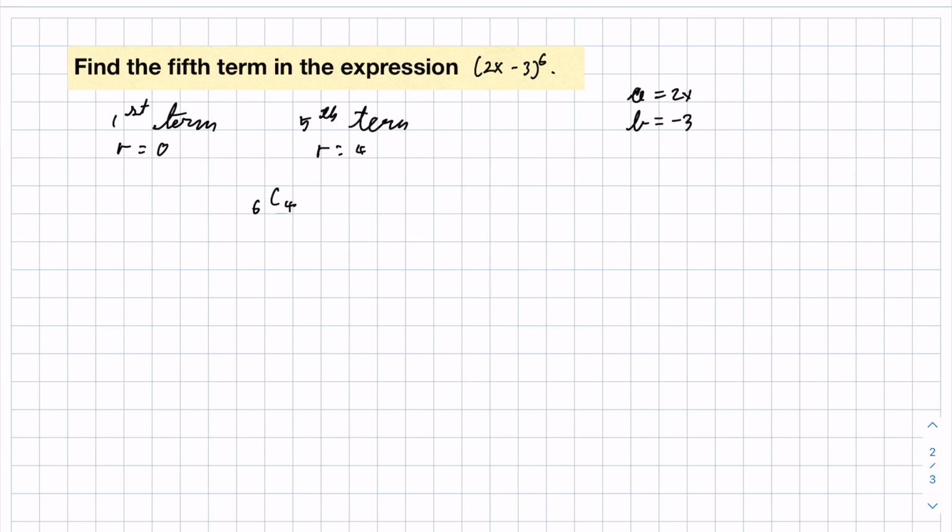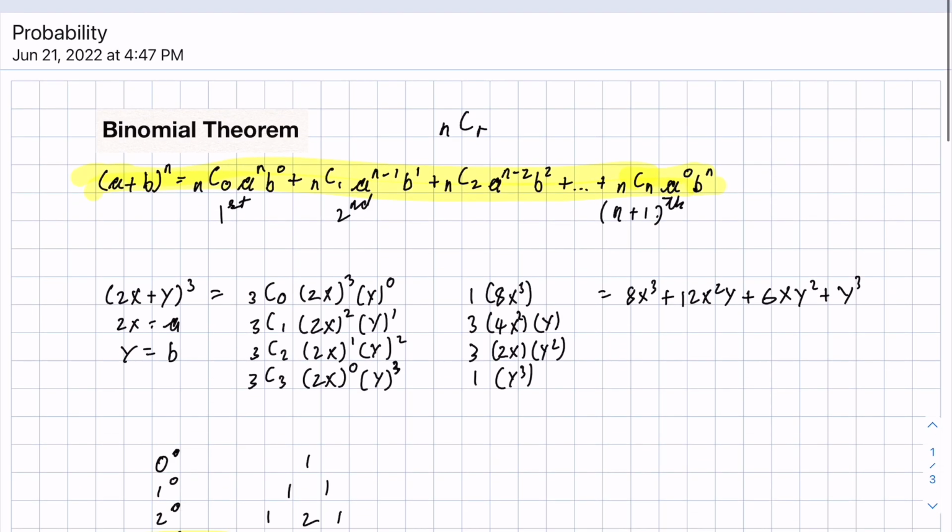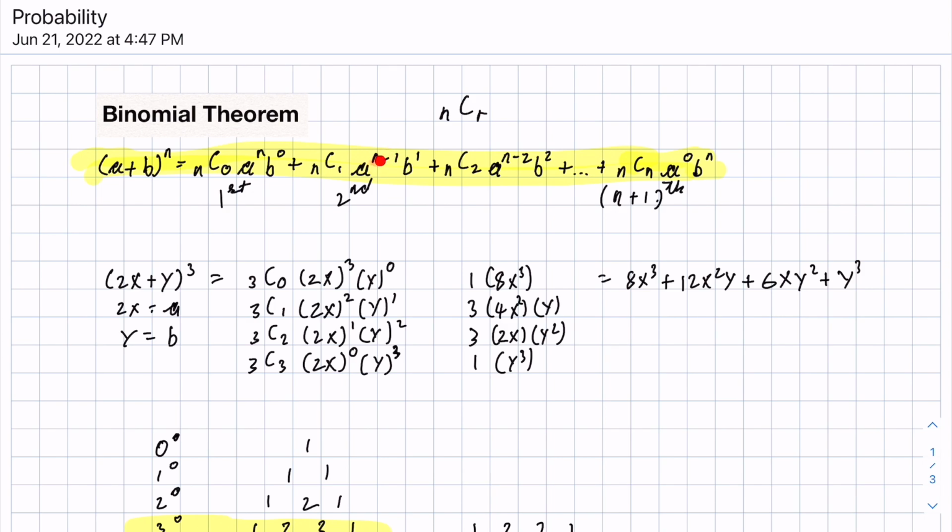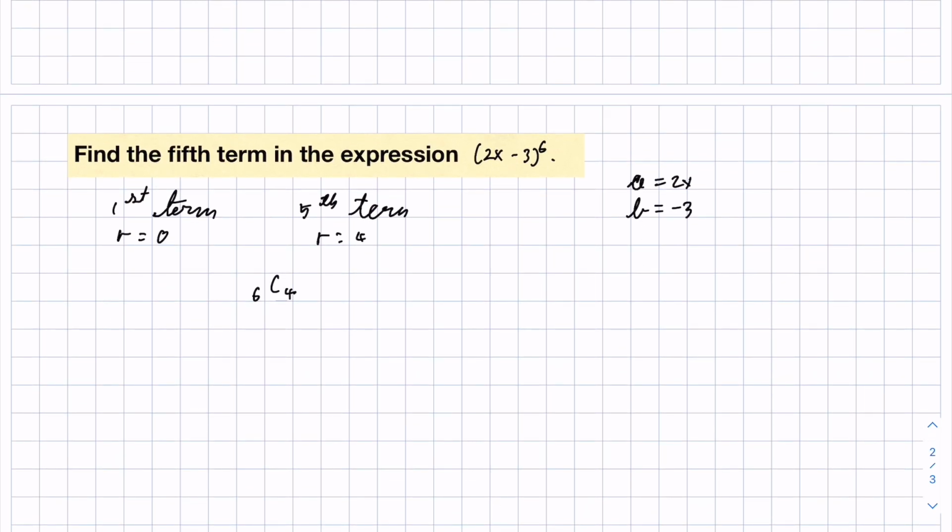So let's do the a value first. A's power is just n minus r. It'll be (2x) to the power of 6 minus 4, and that's 2.